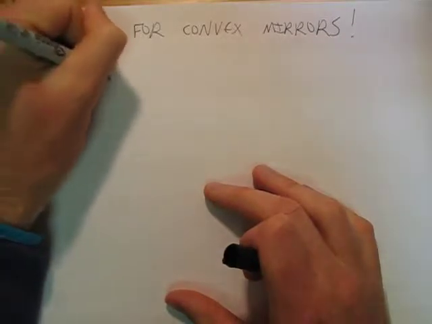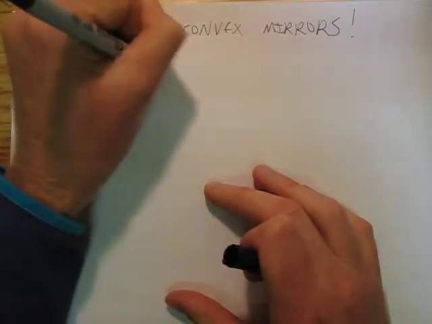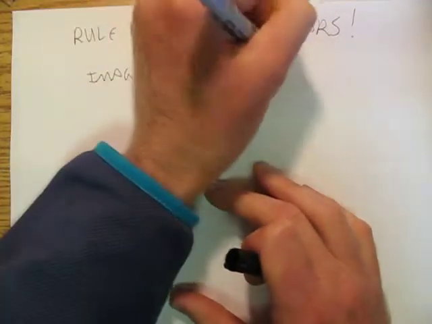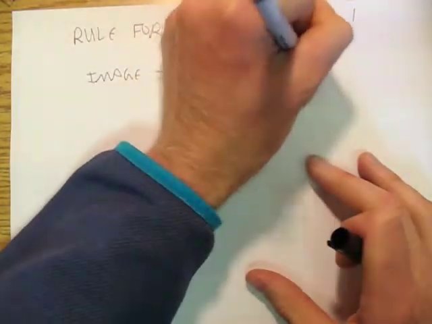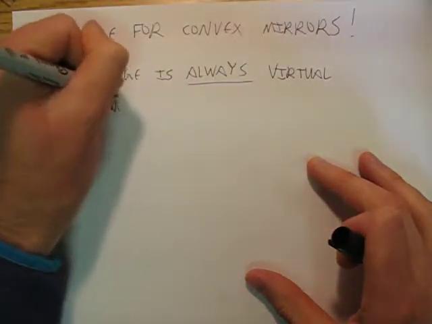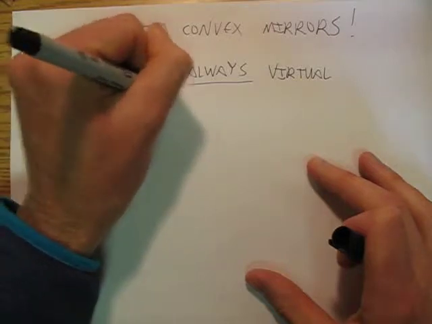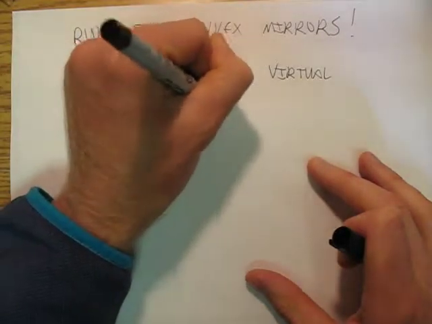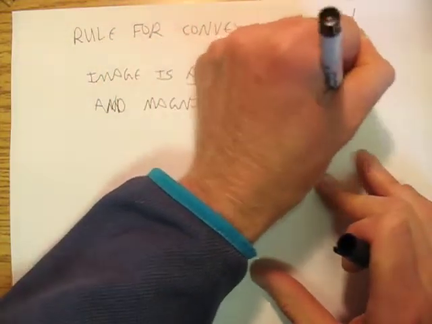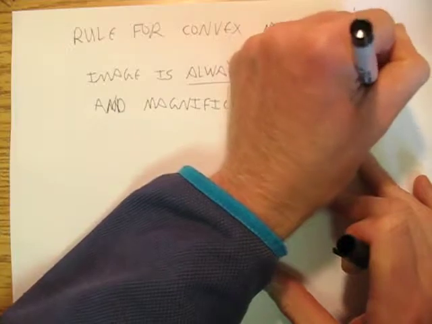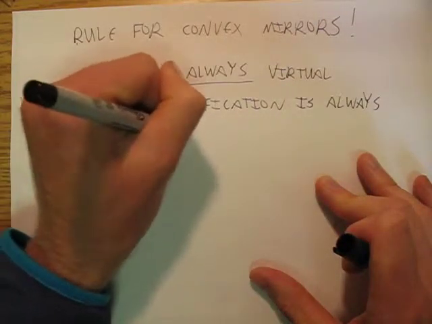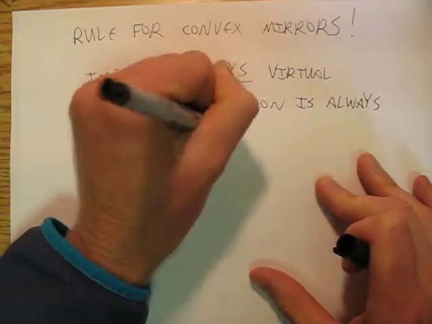Okay, image is always virtual and magnification is always less than 1.